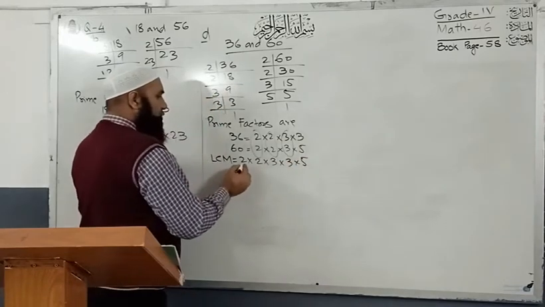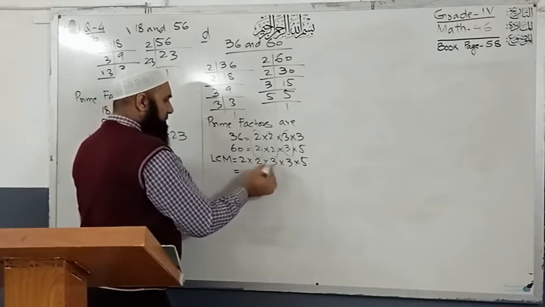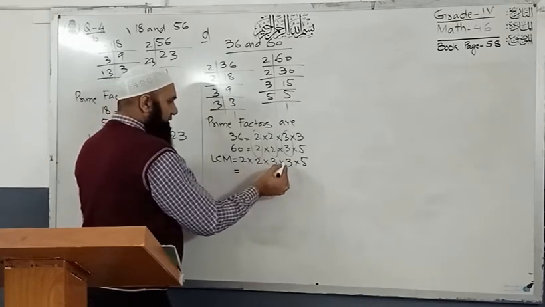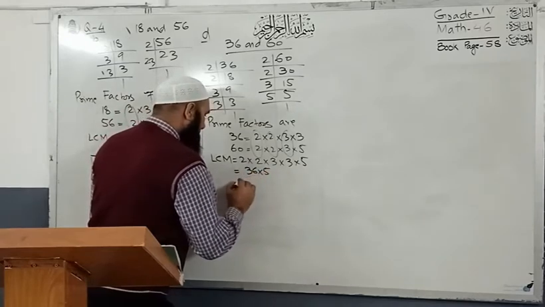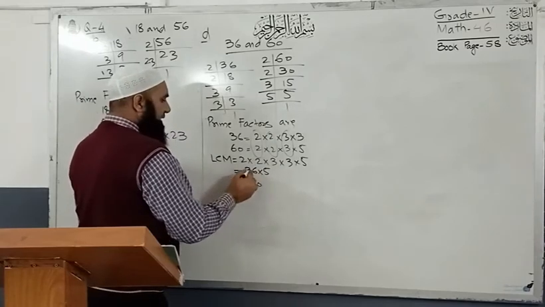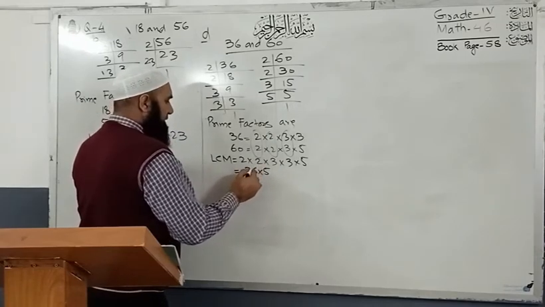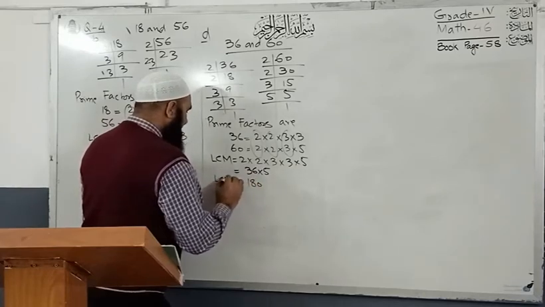This gives 2 multiply 2 is 4, 4 multiply 3 is 12, 12 multiply 3 is 36, 36 multiply 5 is 180. 180 is our LCM of 36 and 60.